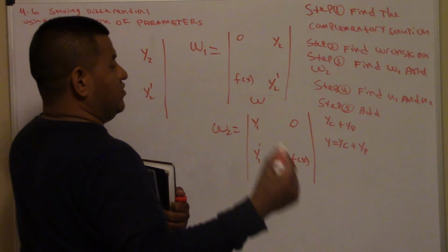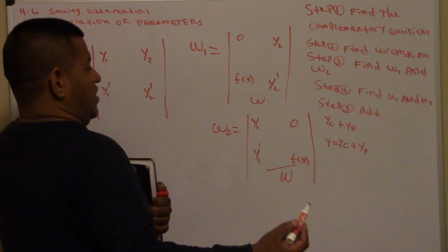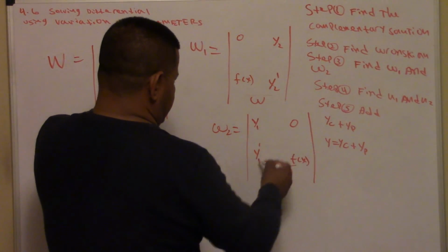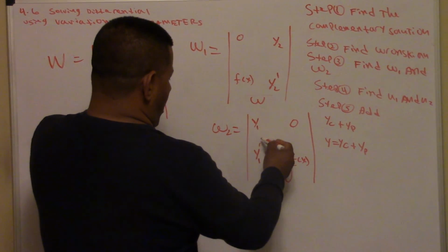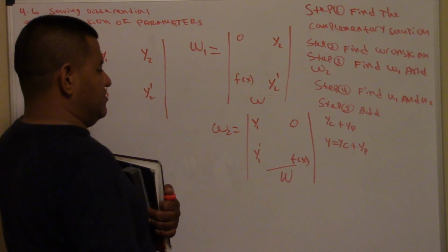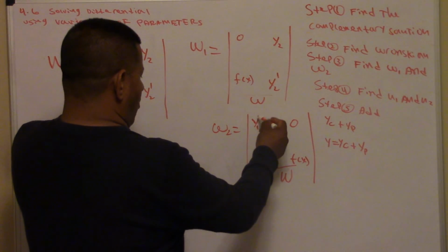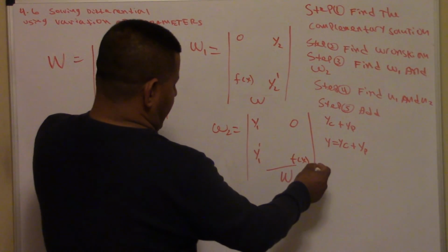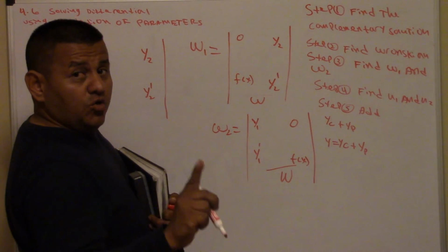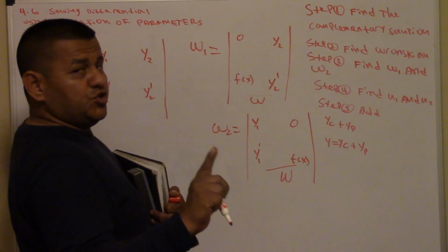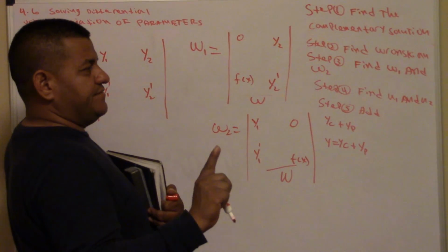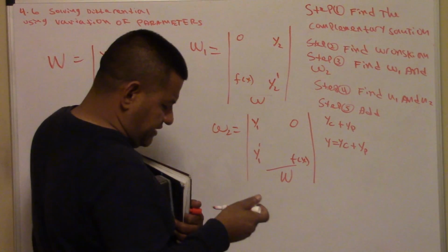For W2, y1 prime times 0 is 0, so I just multiply y1 times f of x, and this is positive. So always remember this: W1 is going to be negative and W2 is going to be positive. Remember that.